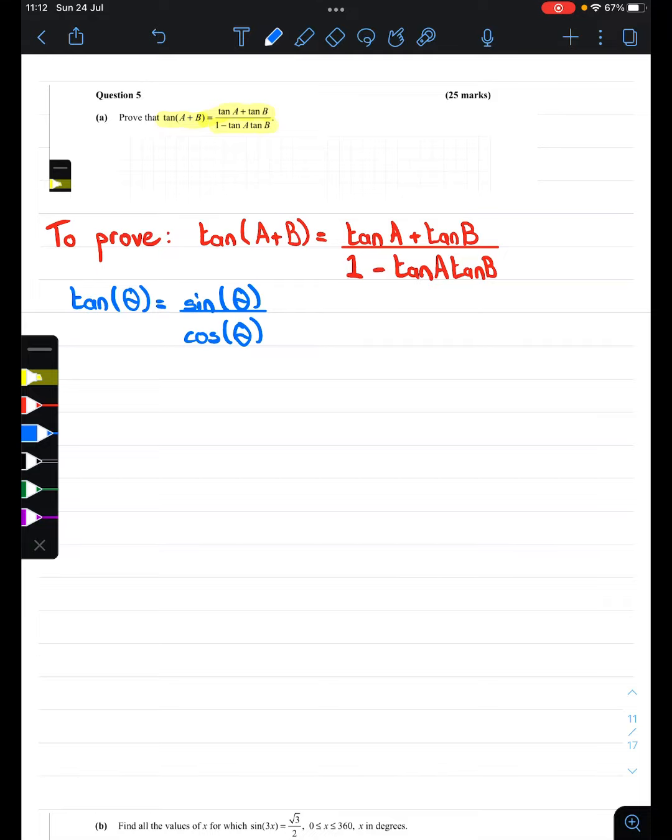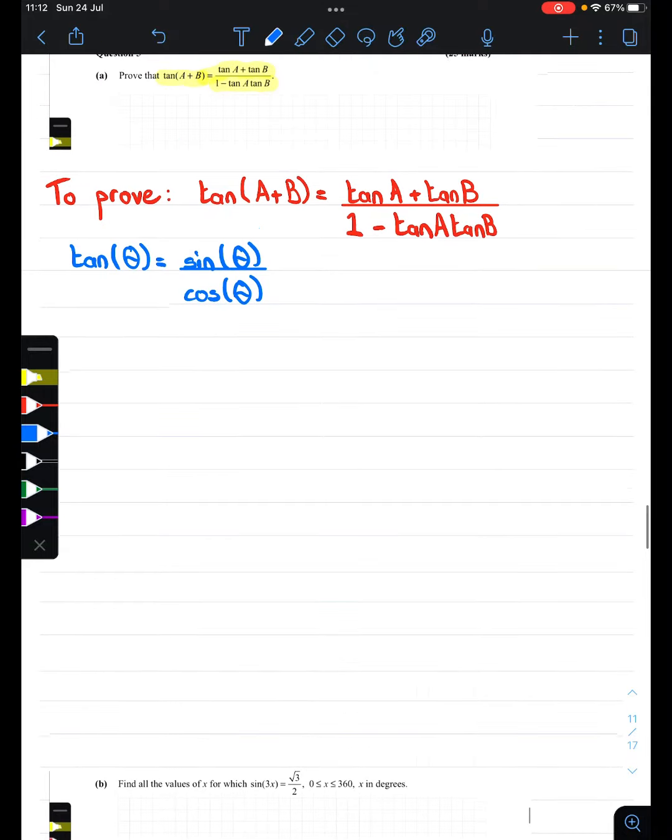A plus B is an angle, so we can just use this formula. So tan(A+B) equals sine(A+B) over cosine(A+B).